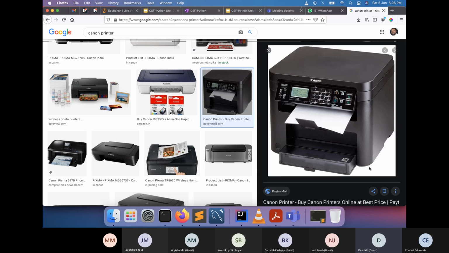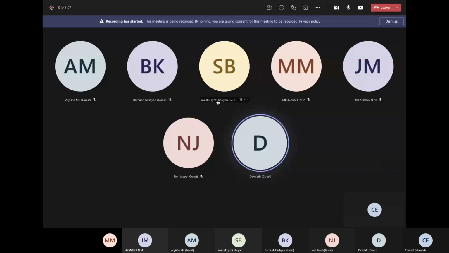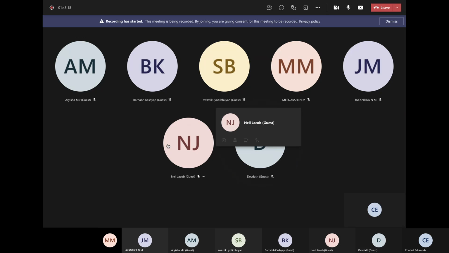Okay, so let's get back to our discussion where we were. Any questions? Arnab, Devdutt, Neil. Okay, so now do we have some basic understanding of what a computer is, what components it has, how it works, how it processes?